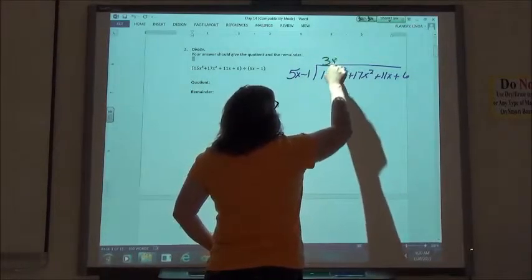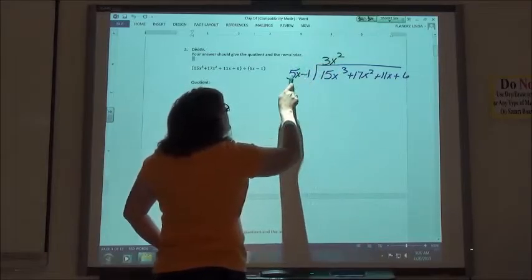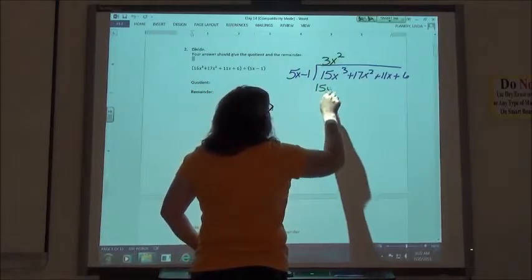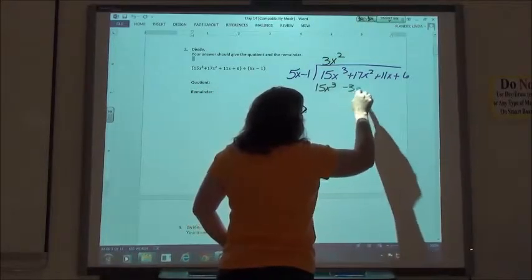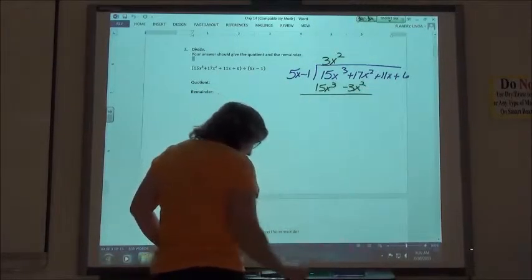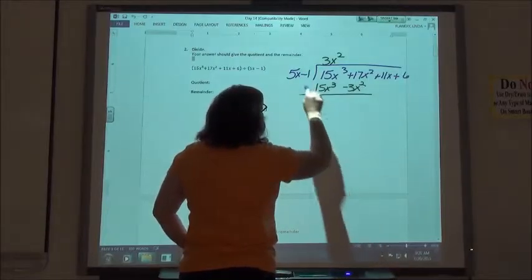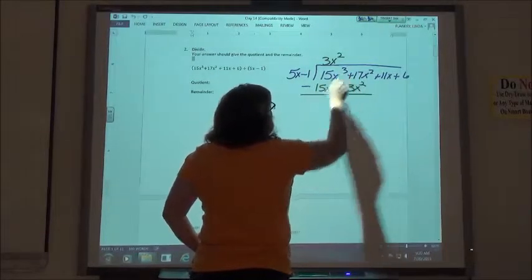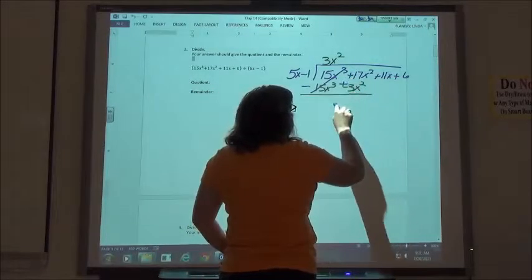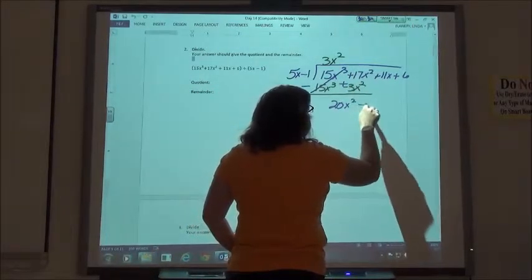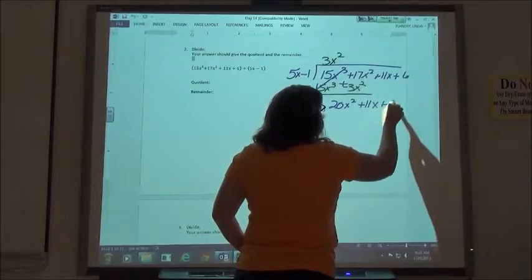I need 3x squared. 3x squared times 5x is 15x to the third. 3x squared times the minus 1 would be minus 3x squared. Then I have to subtract. So I change my signs, cancel out my leading term. 17 plus 3 would give me 20x squared plus 11x plus 6 then.